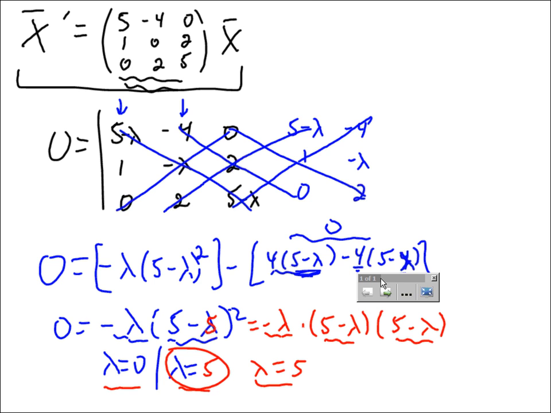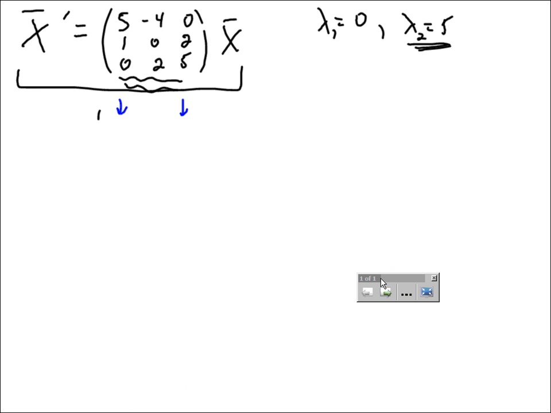Okay, so let me just write down the lambdas. Lambda is 0 and lambda is 5. Call them lambda 1, lambda 2. And lambda 2 came up 2 times, so I'll have to play the same game with that lambda that we did for the last problem. But lambda equals 0 just came up 1 time, so we'll do it like we did when we had distinct, non-repeated roots.